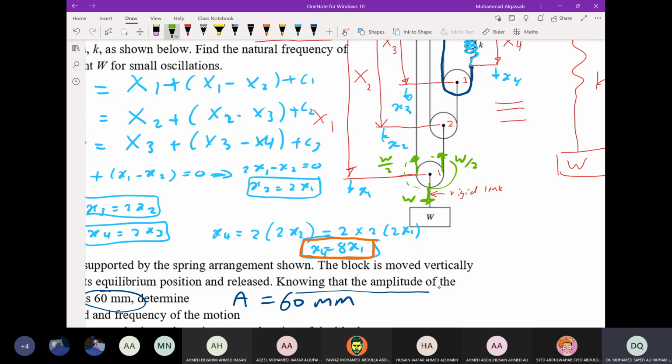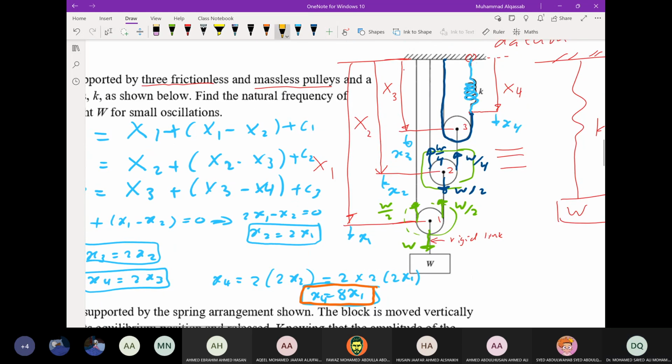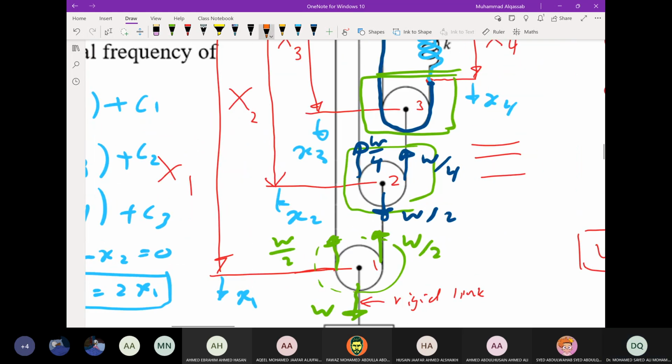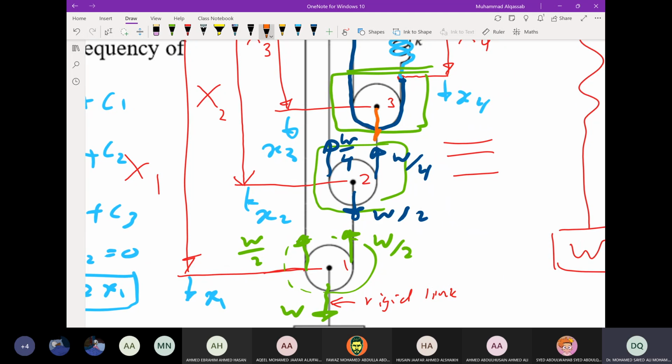When you consider the free body diagram for pulley 2, this will be W over 2, and here it will be W over 4, W over 4. And when you go to the third pulley, we have W over 4 here, and this will be W over 8, and this is W over 8.